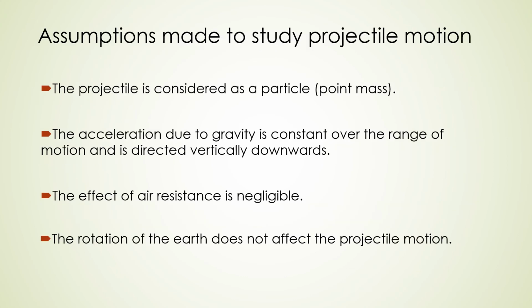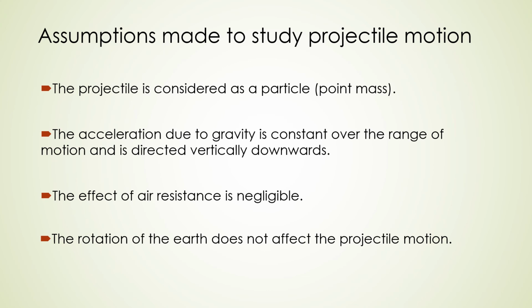As we have studied about projectile motion, here are some of the assumptions made to study projectile motion. The first assumption is that the projectile is considered as a particle. It is nothing but a point mass. Next, the acceleration due to gravity is constant over the range of motion and it is directed vertically downwards.